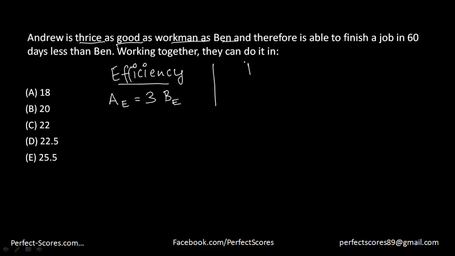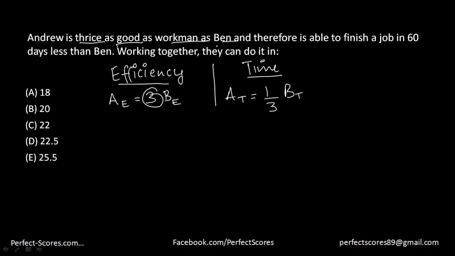Then in terms of time taken, since efficiency is inversely proportional to the time, the time taken by Andrew would actually be, so instead of 3, what will come here? 1 by 3, right? 1 by 3 of time taken by Ben.